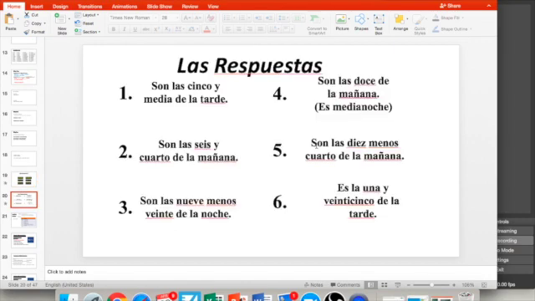So you could say son las diez menos cuarto, de la mañana. Now, it would also be correct here, instead of saying son las diez menos cuarto, to say son las diez menos quince. Again, for formality and my Spanish lab purposes, I recommend using the cuarto. Son las diez menos cuarto de la mañana.